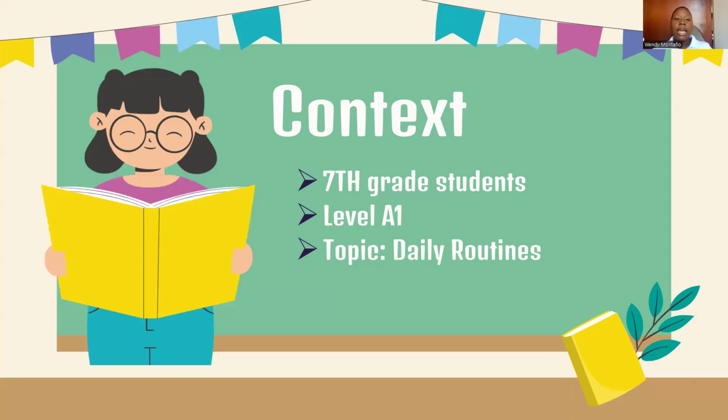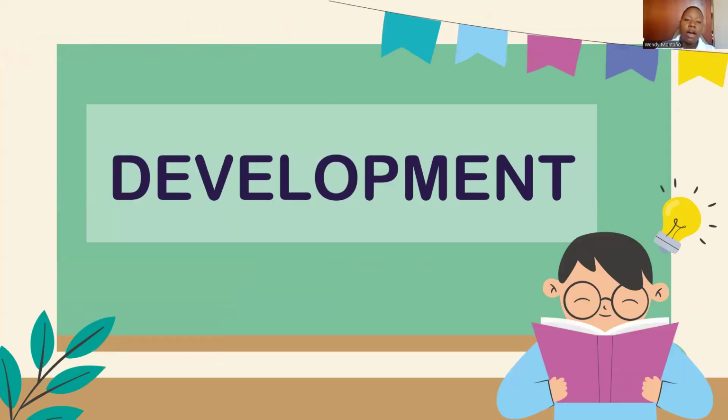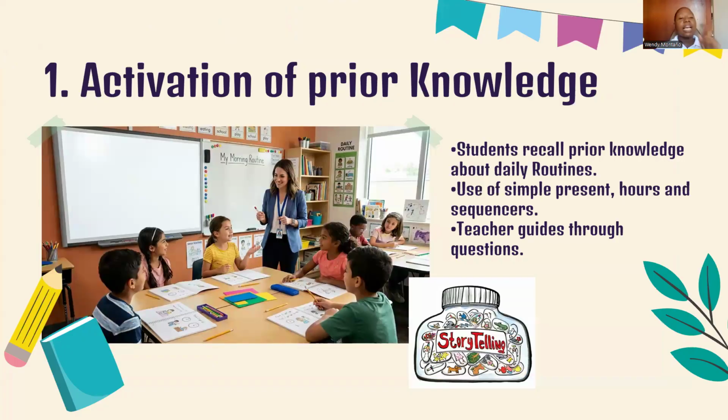So, in the development of this class, the first stage is activation of prior knowledge. In this stage, students activate their prior knowledge about daily routines. The teacher asks questions to help them recall vocabulary, time expressions, and structures in the simple present.